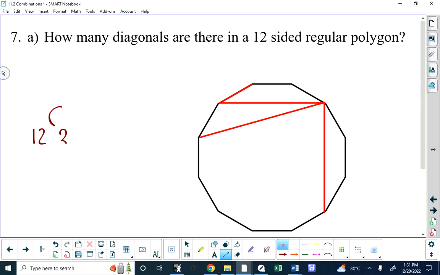That's not a diagonal. A diagonal goes beyond saying connect any 2 vertices to saying connect any 2 vertices that are not adjacent to each other, that are not right next to each other. And there are 12 of those, so you have to subtract 12. Which gives you, if I remember, you said 66 minus 12 is 54.